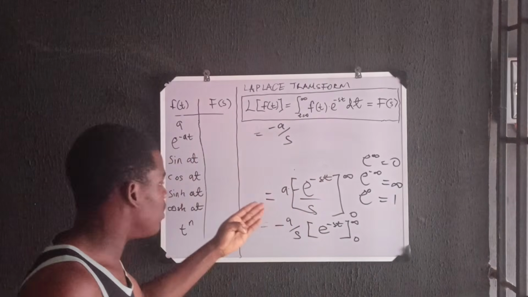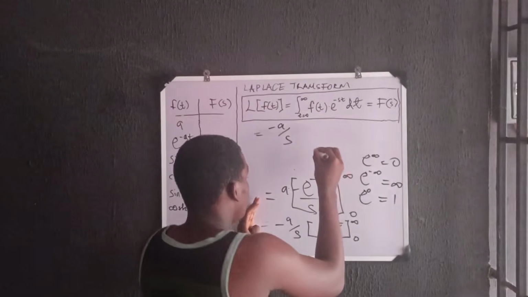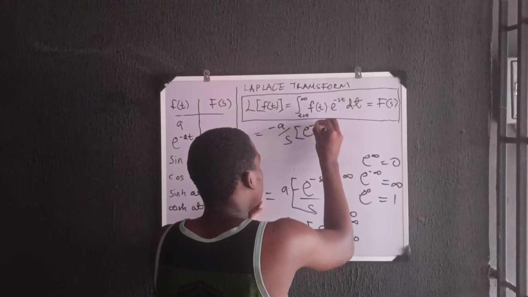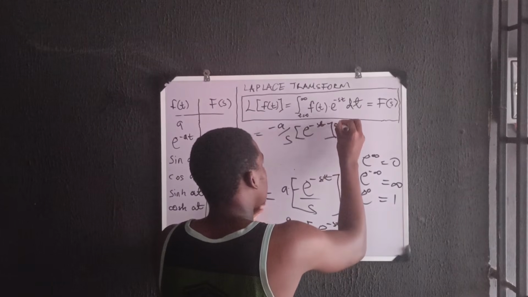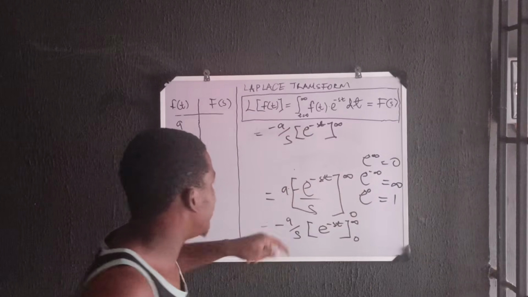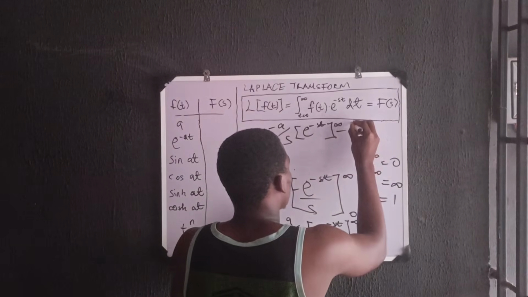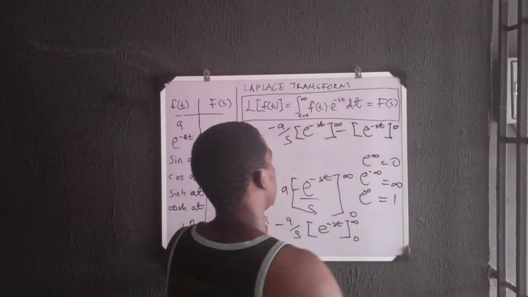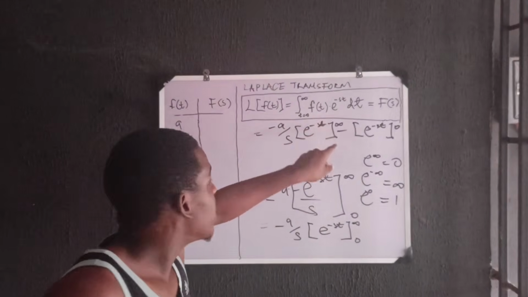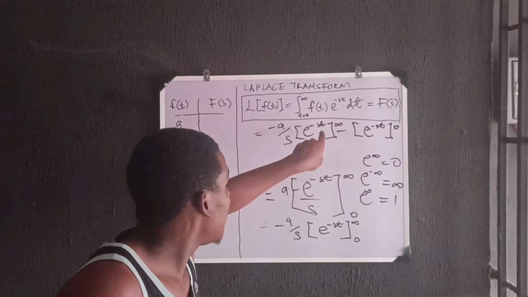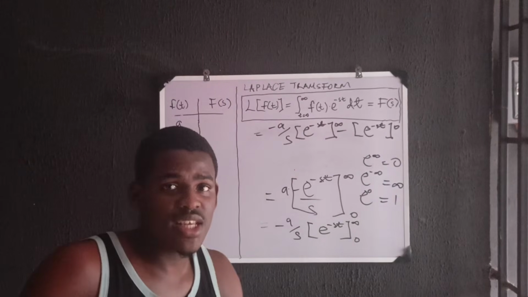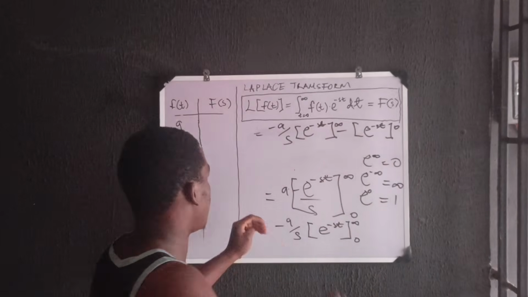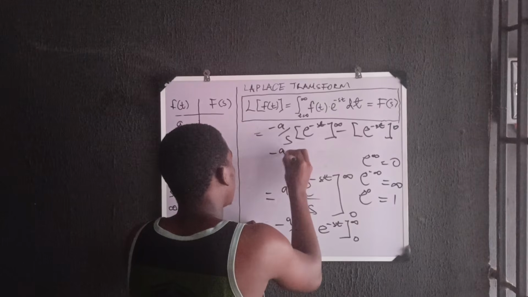So now let's move on. If we take e power minus st and evaluate it at the upper limit, multiplying negative s by infinity is still infinity, so e power negative infinity, like we said, is going to give us 0.